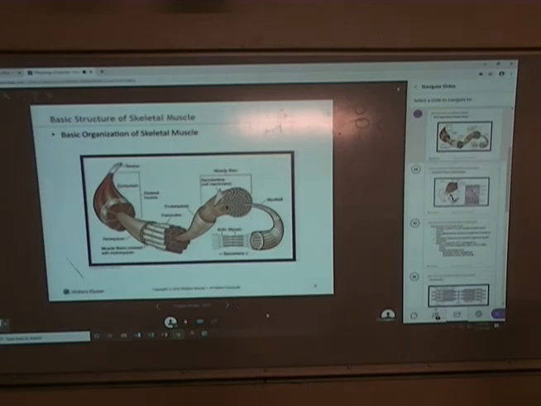All right, so hopefully this doesn't look completely new to you. We've got various levels of organization within skeletal muscle. And so we've got a combination of connective tissue and then muscle tissue, muscle fibers, all right?